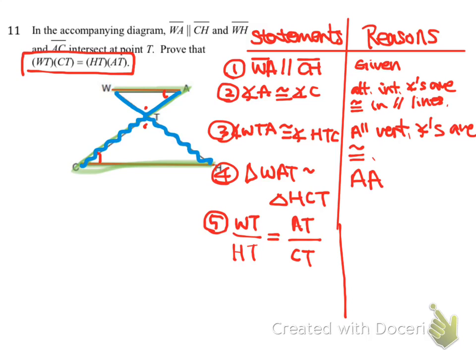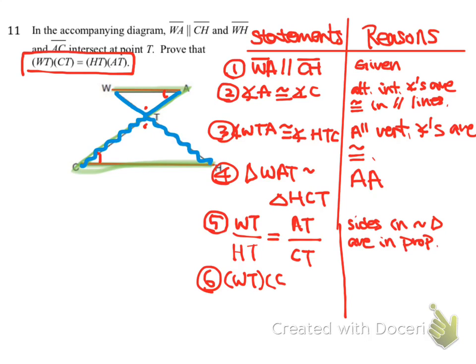Now, the reasoning is sides in similar triangles are in proportion. Now, number 6. Then and only then we can multiply things here. We can get WT times CT must be equal to HT times AT. When you write down proofs, we don't want to write down cross multiplication.